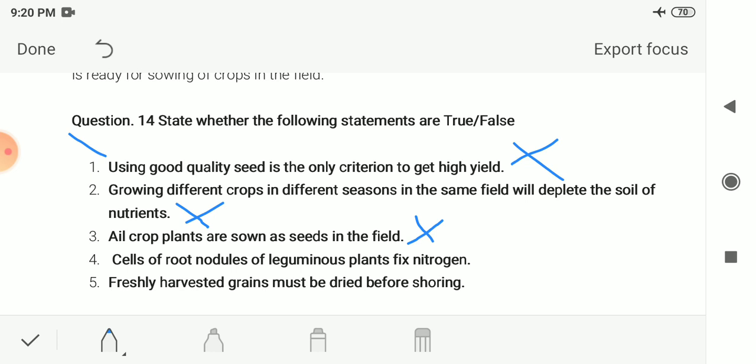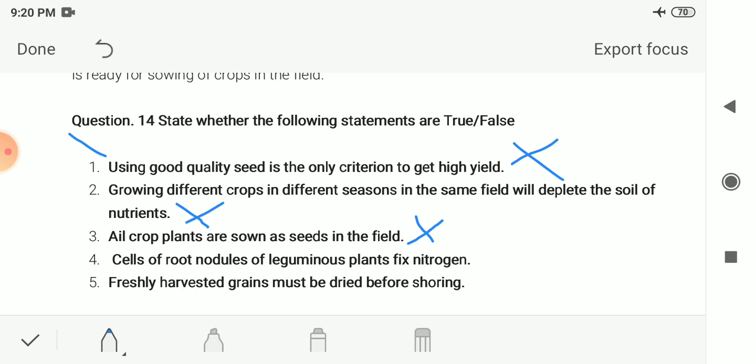Transplantation means moving the plant from one place to another place. Earlier it is sown in the nurseries, and then the young plants are transplanted or moved to another field. Such kind of plants need transplantation in the field. So here your answer is false.